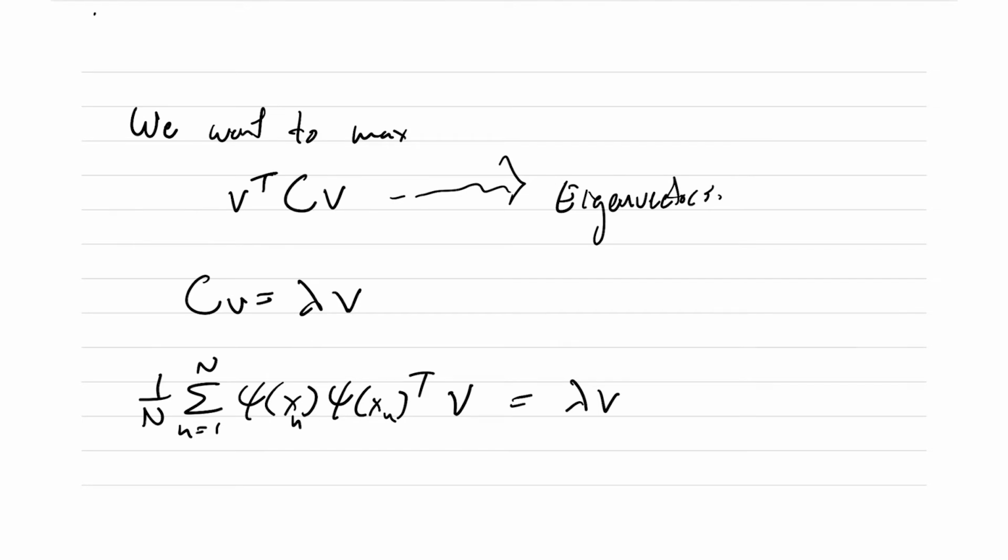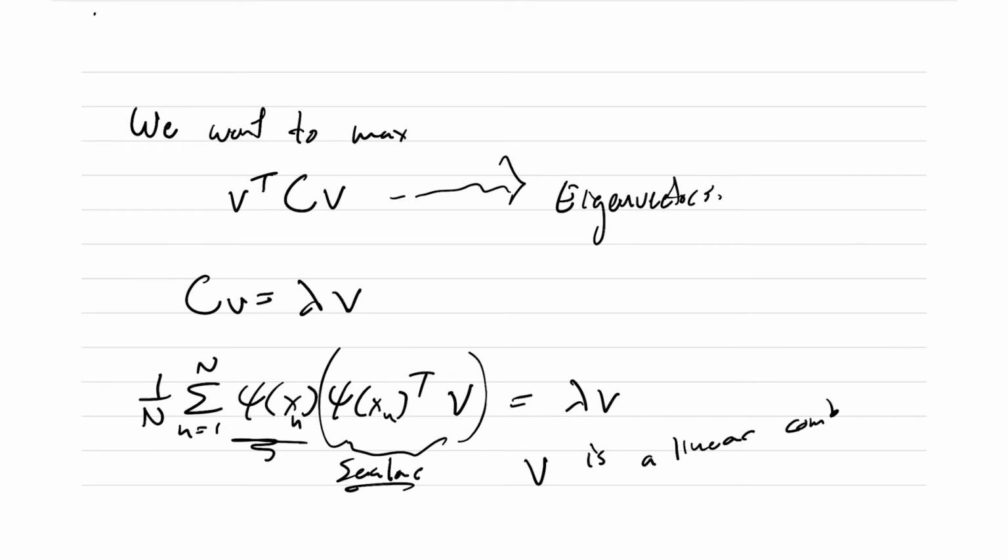But if we put our parentheses around cleverly, we see that this is a scalar, and these are our vectors. And so then we get V is a linear combination of the feature maps applied to the data.